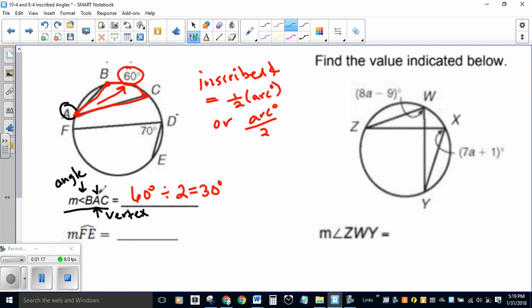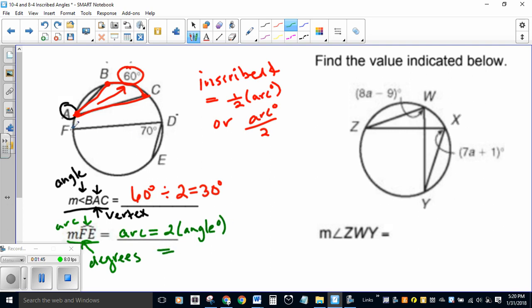The next question, same thing, says to find the measure of arc FE, so that symbol right there means arc. And when you have the M right here, that means in degrees. And we learned that an arc is equal to 2 times the angle measure.